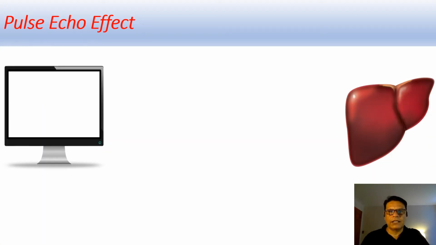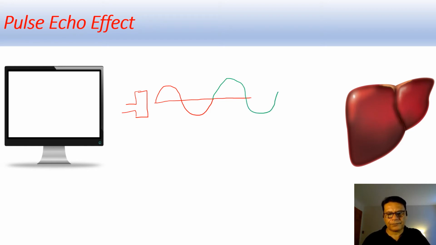We initially discussed that when a sound wave is emitted by a transducer, these are called pulses, and pulses are a group of 2, 3 or 4 cycles.